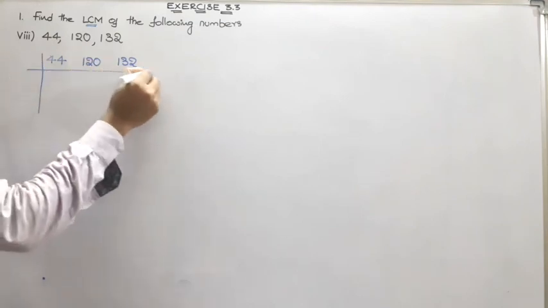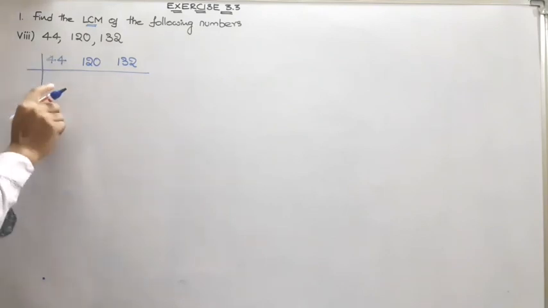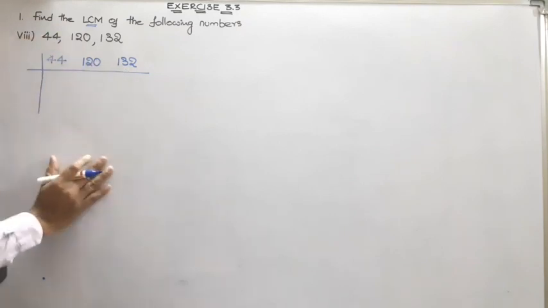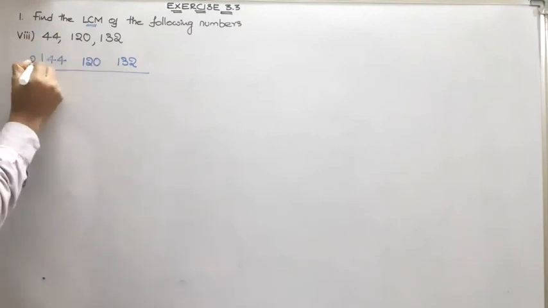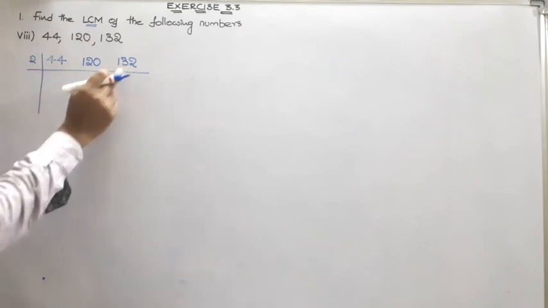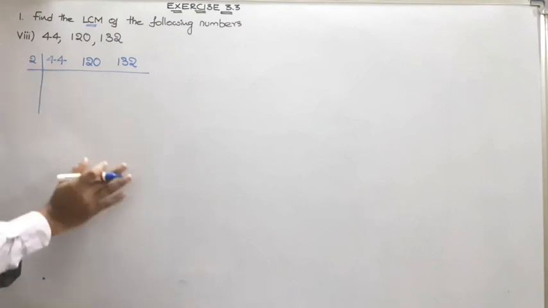So what is the first divisor which cancels 44, 120 and 132, the least one? 2 table, isn't it? Because 44 is an even number, 120 is an even number and 132 is also an even number. Hence we can start with 2 table.